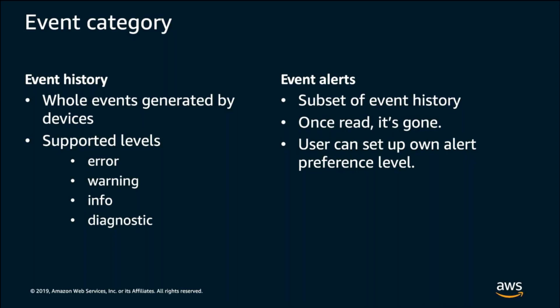Event alerts are a subset of event history, but only show certain events with the levels configured by users. Once the user reads the event, it will not show on the UI, so users can track the unread alerts only.